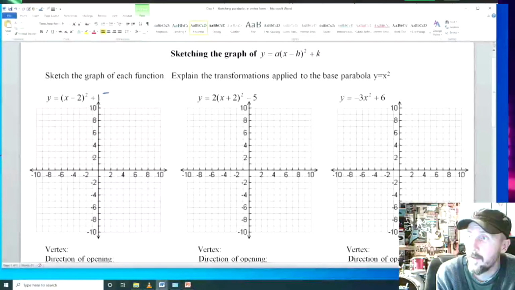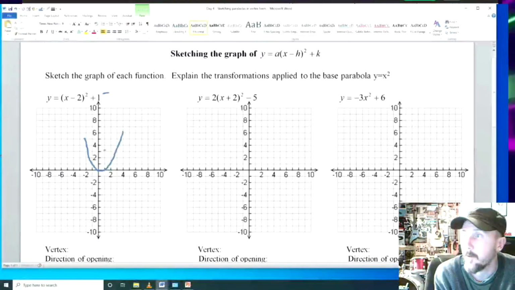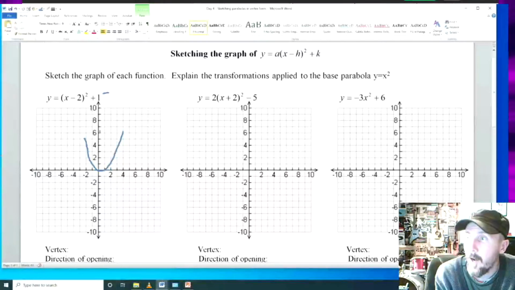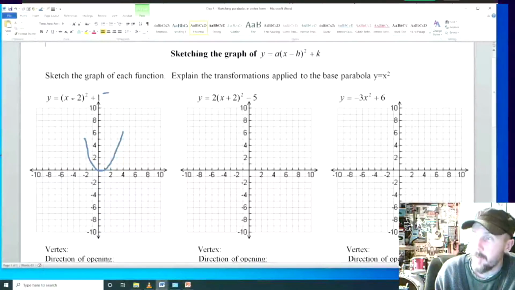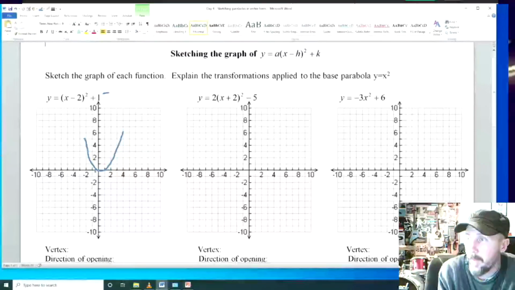So this means I'm going to take my y equals x squared, which looks something like this, and I'm going to move it up 1. Remember, the number in the bracket does opposite what we would think. So because there's a minus here, it's going to move it to the right 2. So I'm thinking it's going to be to the right 2 and up 1.